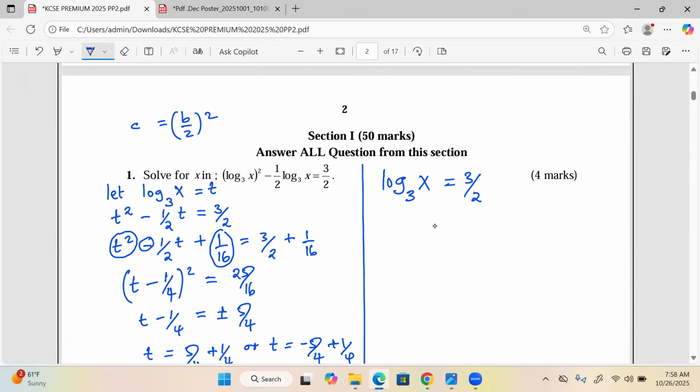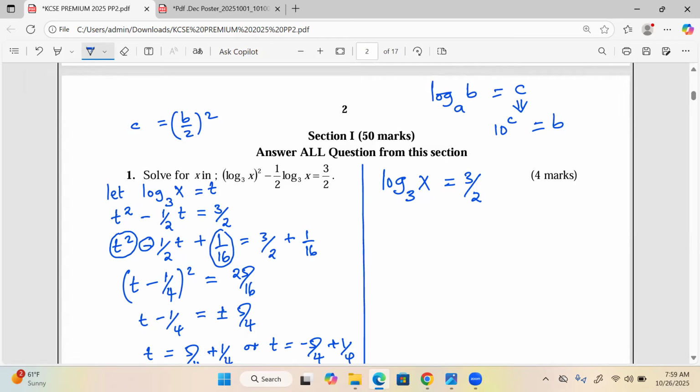Remember, we're supposed now to change the statement from logarithm to index notation for us to get the value of x. In general, in case you are given the log of b to base a equals c, then it means a power c should give us b.